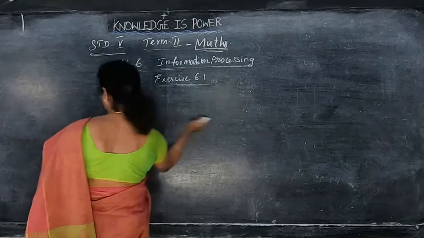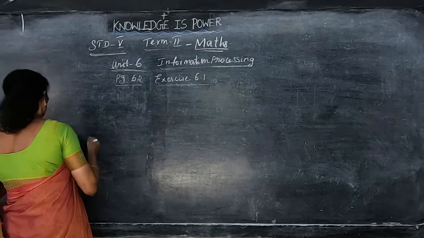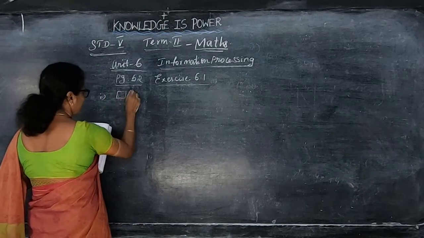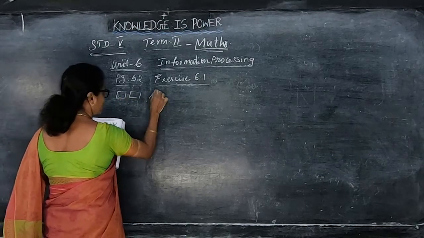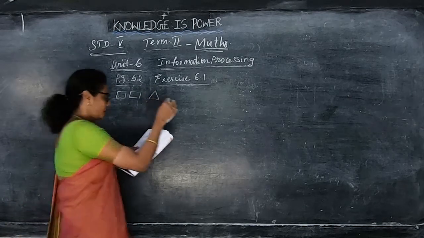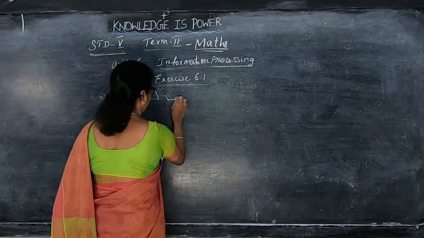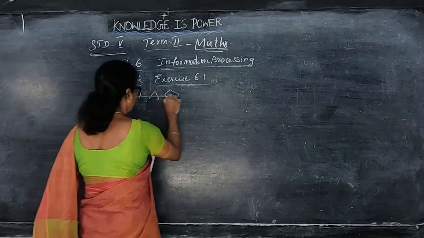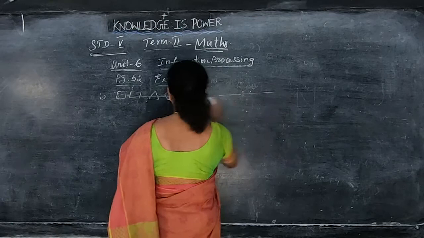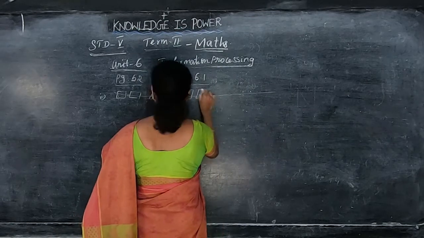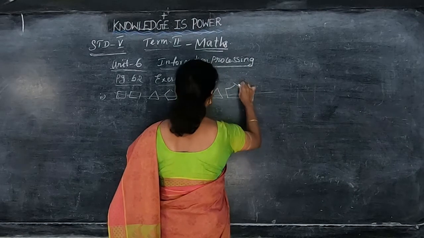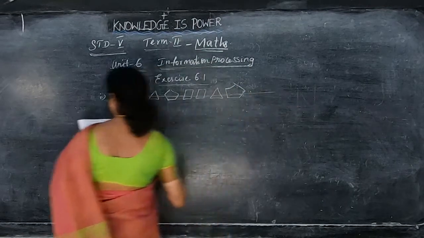In this, first sum they are given, then square, then triangle, then here like this, they have given a chain. So again they are drawing like this: square, 2 squares, then triangle, then again like this. So it goes on continuing.